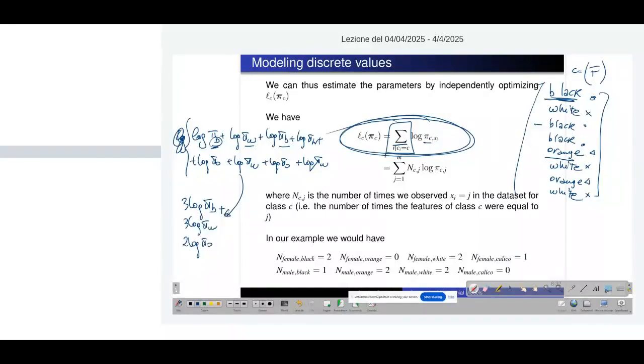So I can rewrite this as a sum over the possible values of the features, the number of times that feature appears in the dataset, times the logarithm of the corresponding parameter that describes the probability of that feature given the class. And now I have to maximize this with respect to the pi j, or pi class j, if you want to put the class.